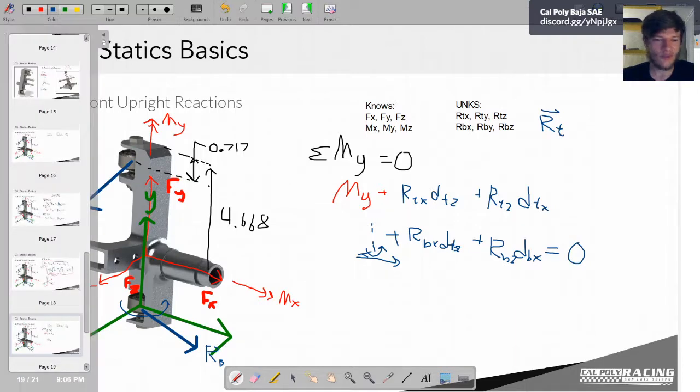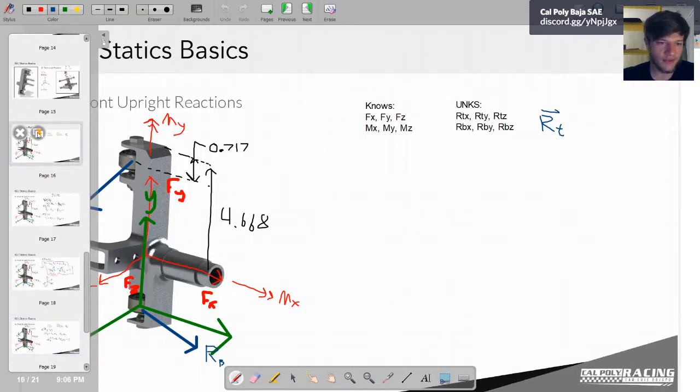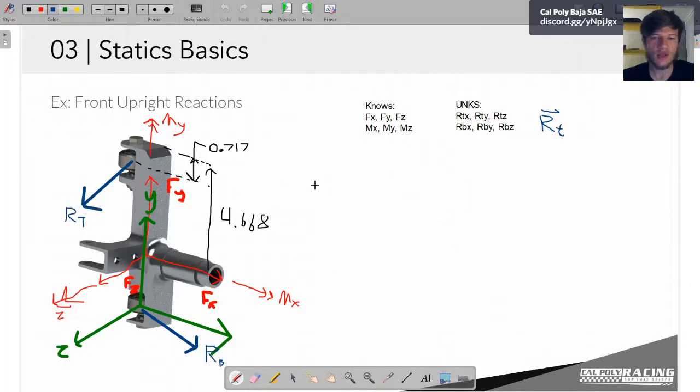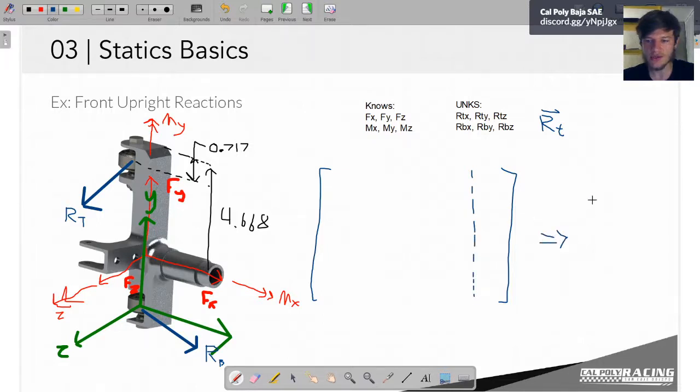So once we do all that, I'll duplicate this one more. Once we do all that, we'll have 6 equations with 6 unknowns. And we can use a handy shortcut. If you find the determinant of a 6x7 matrix, then we can use that to solve all of our equations.